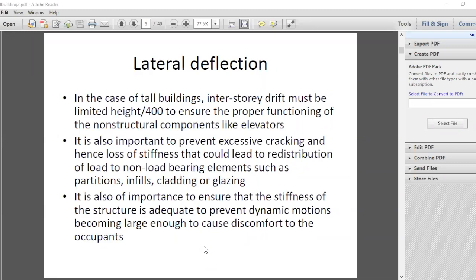Something like, say, for example, if you are designing the building for 33 or 38 meters per second in Colombo, you can actually check the acceleration for a more probable wind speed of something like 25 meters per second.